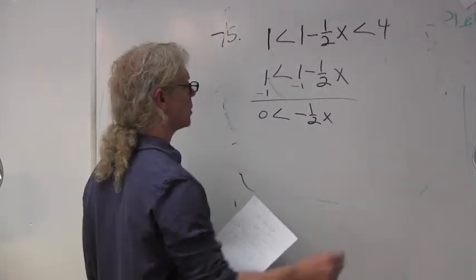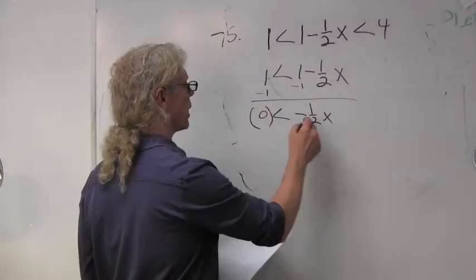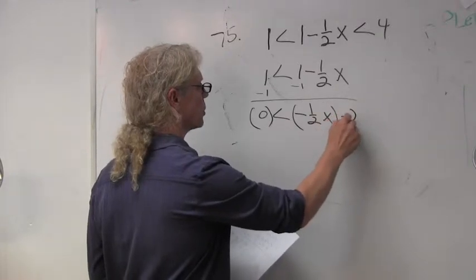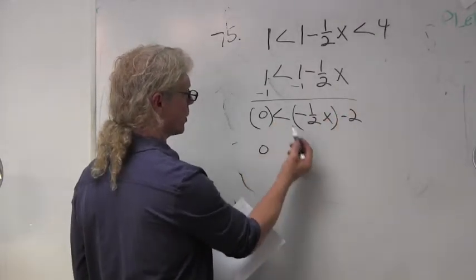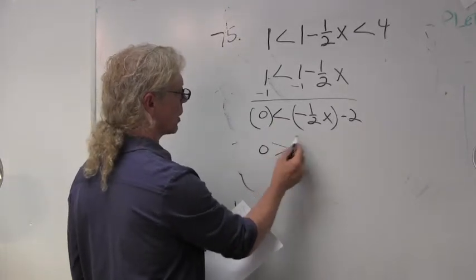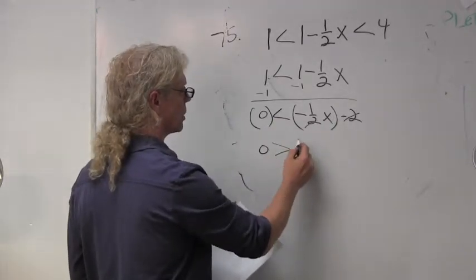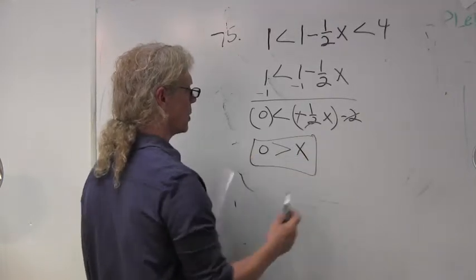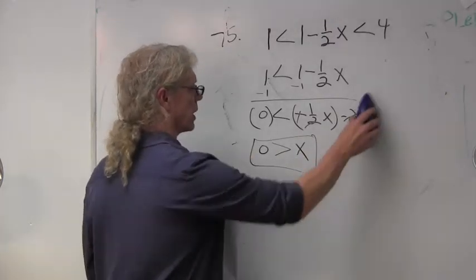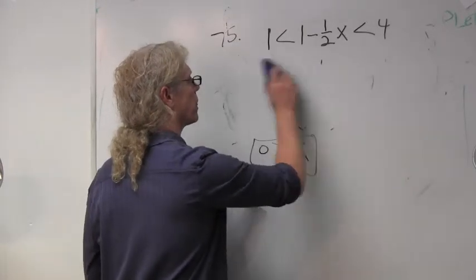We will now multiply both sides by minus 2, and because we're multiplying by a negative, the inequality flips, and the 2's cancel, so that becomes a positive x. 0 is greater than x. Another way of saying that is x is less than 0.